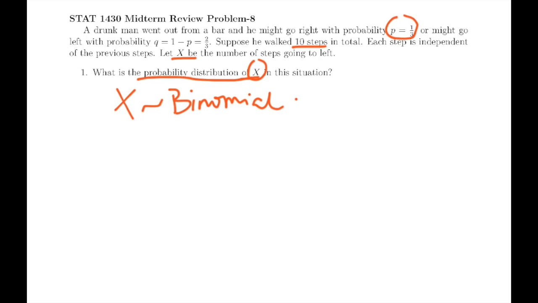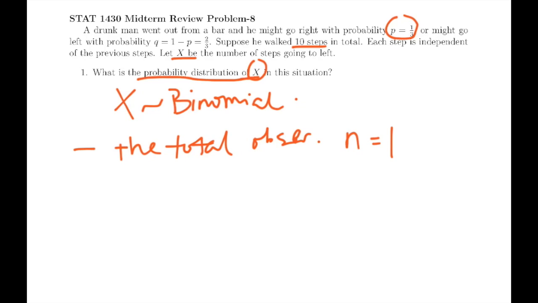Now let's go to the definition to check. The first criterion of the binomial distribution is that there exists a series of n observations, and here n is fixed. In this setting, we do have a fixed total number of observations.